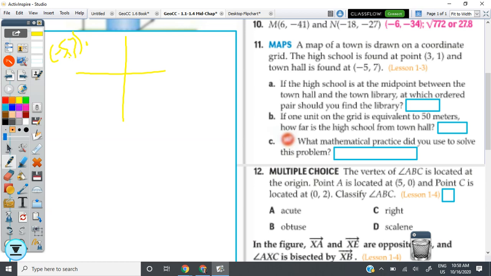And then we have 3, 1. Now, I'm going to label this one the town hall, T. I'm just going to use one capital letter. And I'm going to label this one over here high school, H. I always try to make it relative to what it's talking about, what it's referring to.